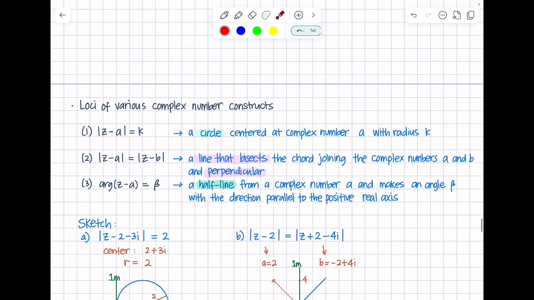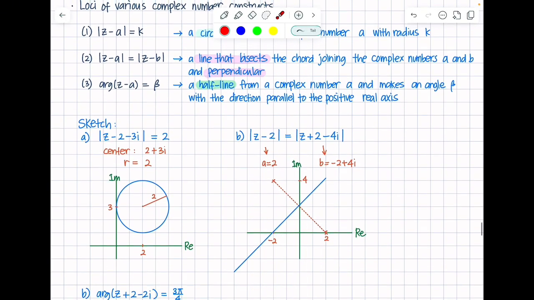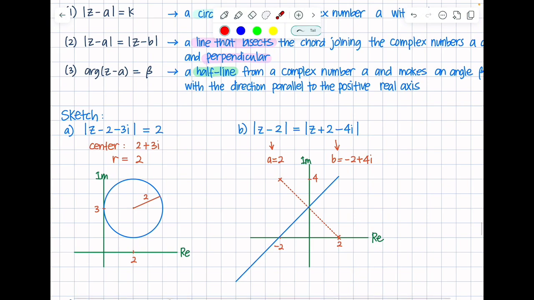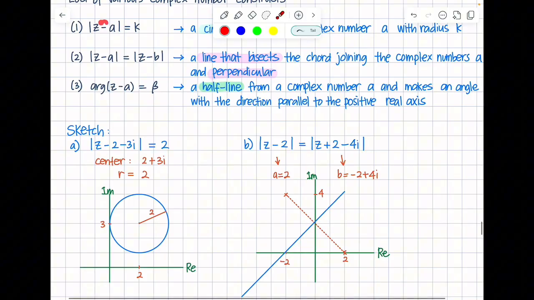For example, (a) modulus of z minus 2 minus 3i equals 2. So the center is 2 plus 3i. Okay, the form is minus, so factorize this to get the center.